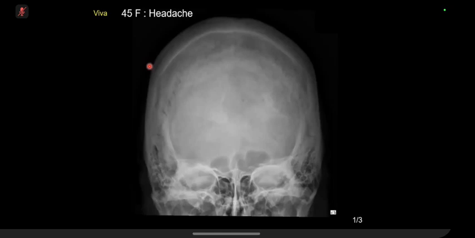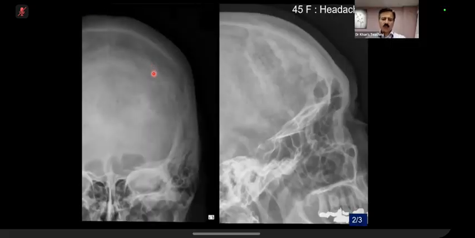Also, again, there is a trabecular pattern within it. My differential here in this age group: hemangioma is number one. Another differential could be a metastatic lesion from an unknown primary, although unlikely, as the patient is relatively young. These are my top two differentials.